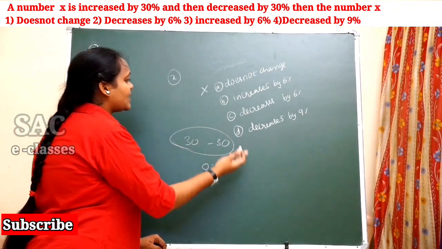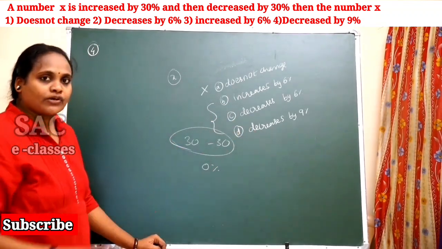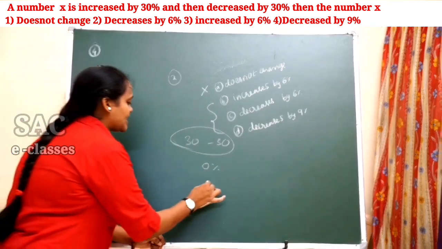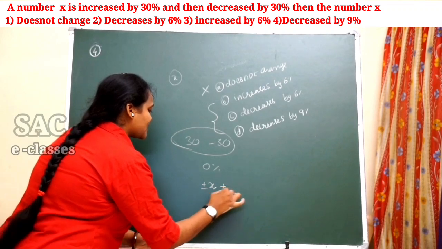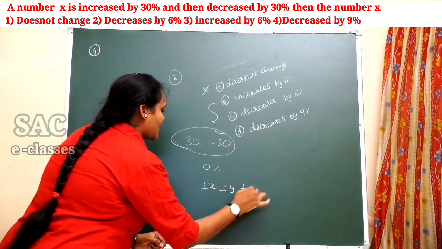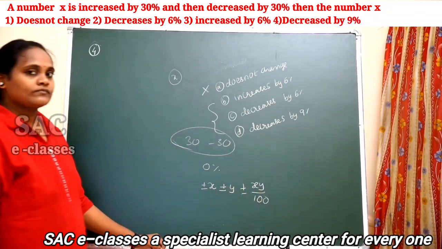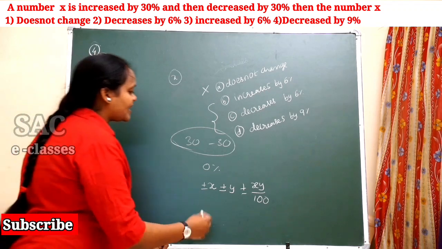One is increased, one is decreased, so whether it is increase or decrease, how can we know? We have one identity, as we discussed: plus or minus x, plus or minus y, plus or minus xy by 100. Let me say this in an easiest manner.